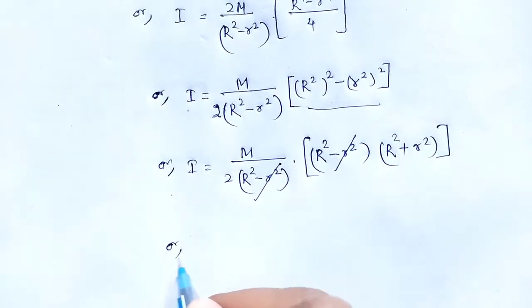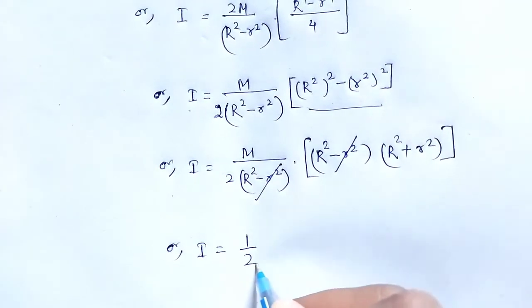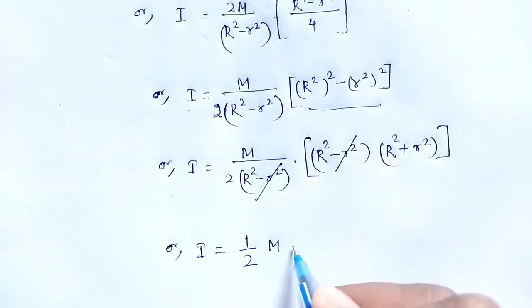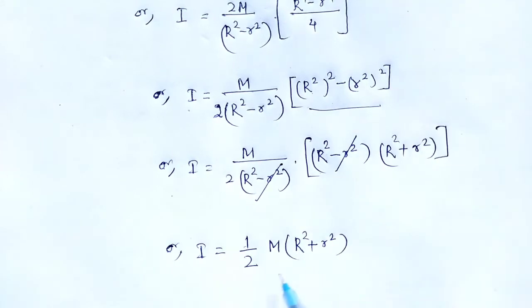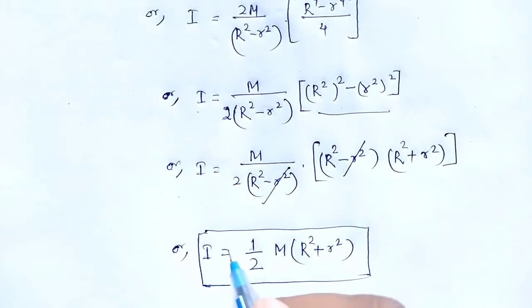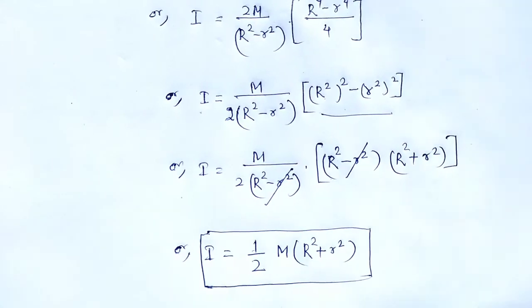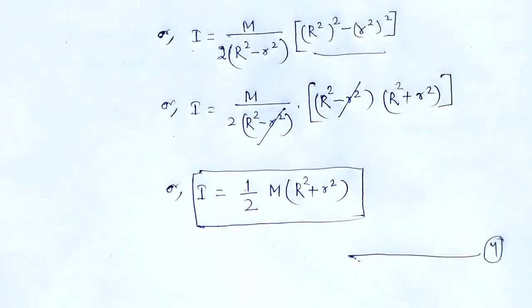That's why I is equal to half m (R square plus r square). This is the required expression for the moment of inertia of the hollow cylinder about its own axis.